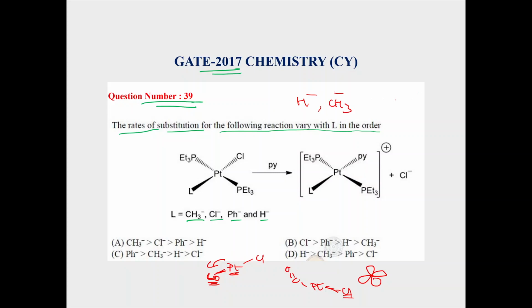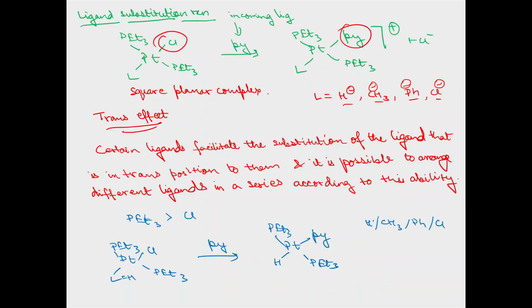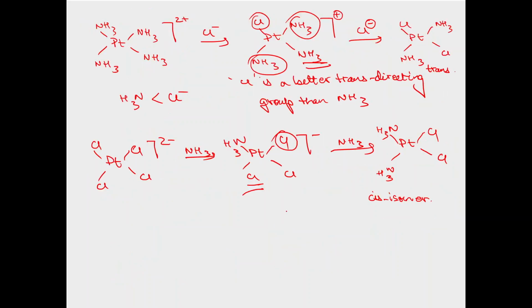But one discrepancy which I find is in this trans effect series: Cl is a better trans directing group than NH3. But what we know from the spectrochemical series is that NH3 is a stronger ligand than Cl.